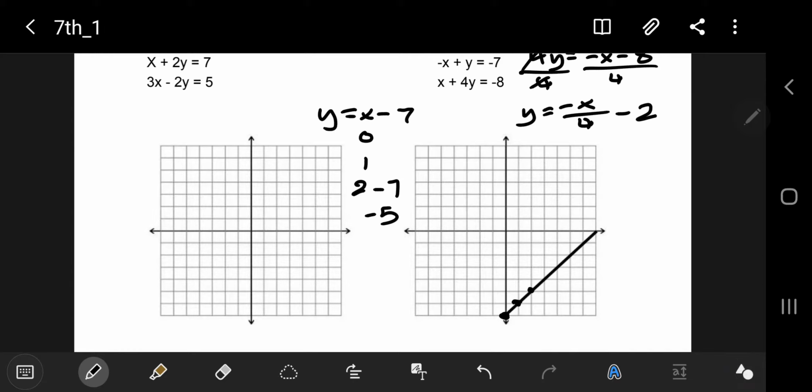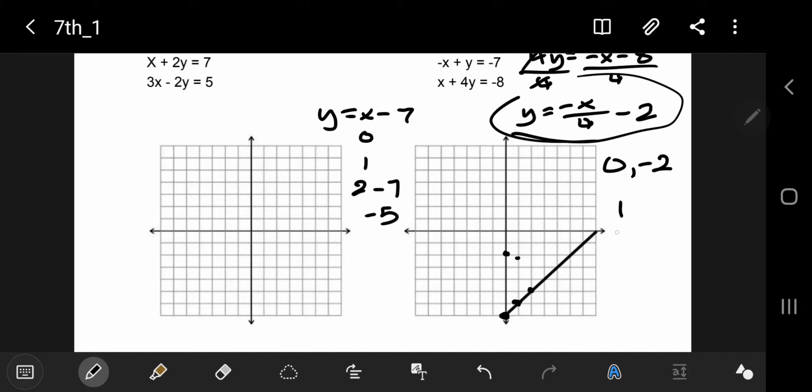Now we have this graph over here. Now let's say x is 0, then y will be negative 2, okay? So 0 comma negative 2 is over here. Then let's say x is 1. So it'll be negative 2.25, which is about over here.